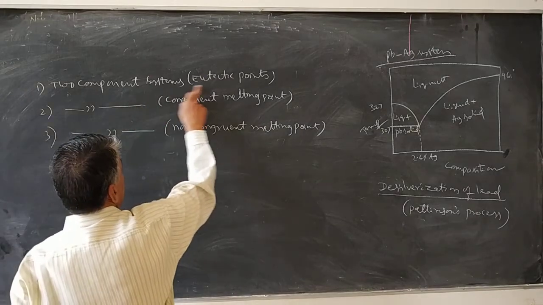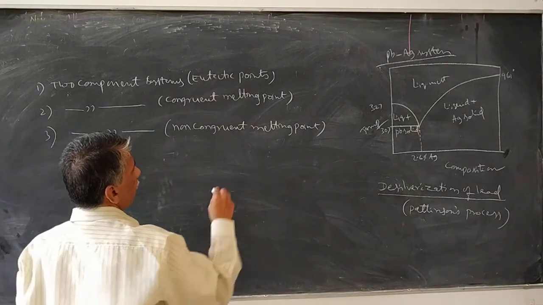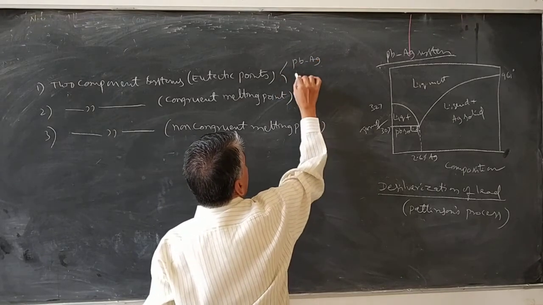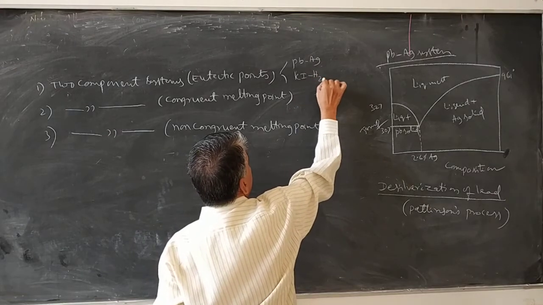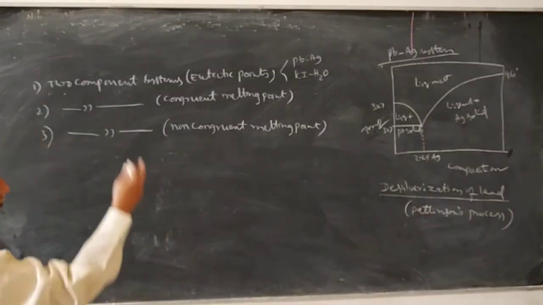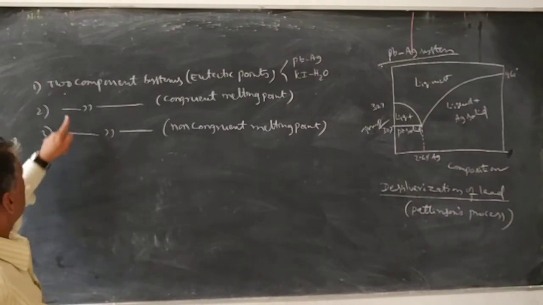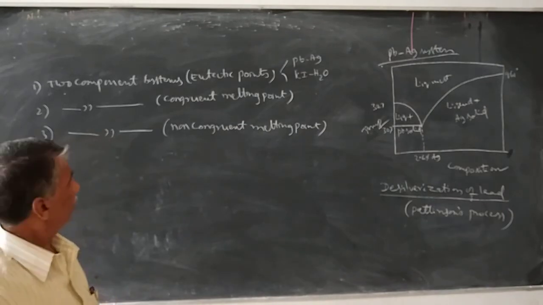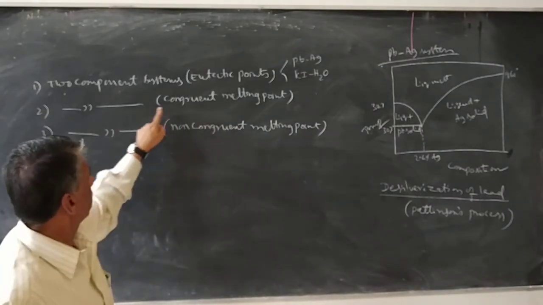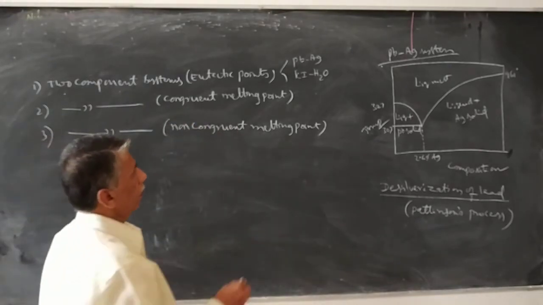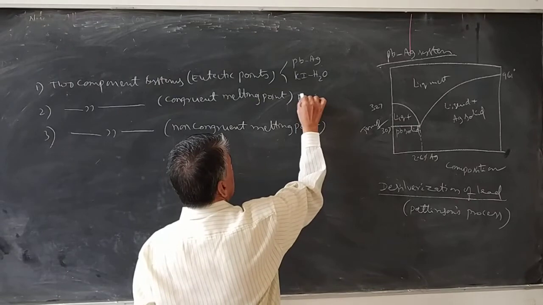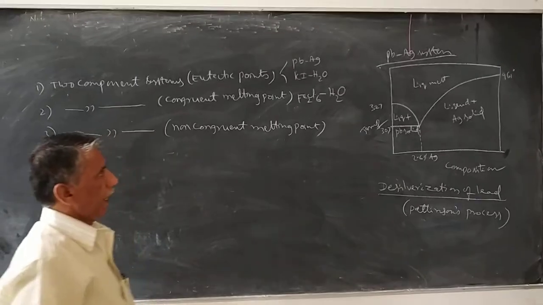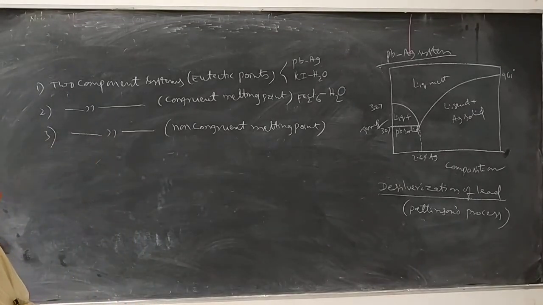Okay, and in the first case, we have two examples. One is the lead silver system, and one is the KI water system. Let us discuss those two in today's class. For two component systems with congruent melting point, we have the FeCl3 water system, the hydrated ferric chloride system.